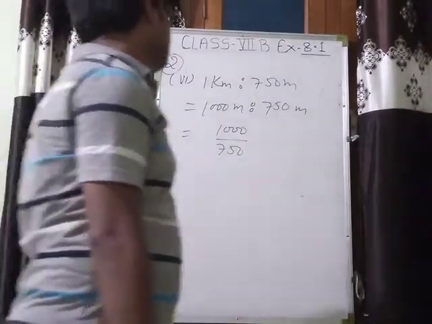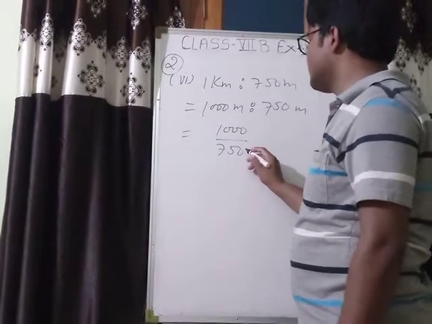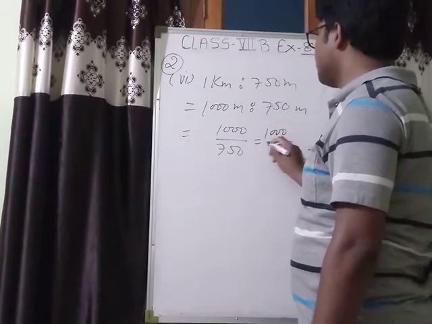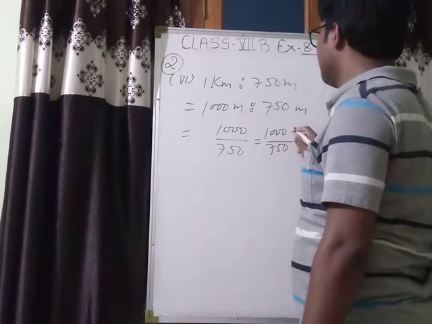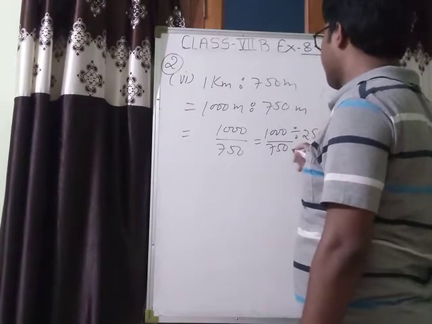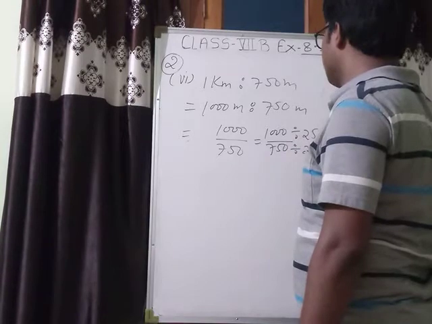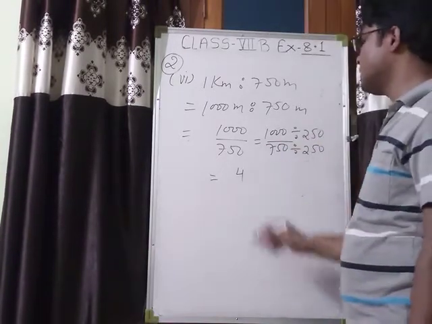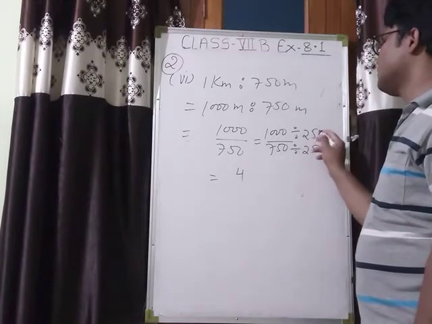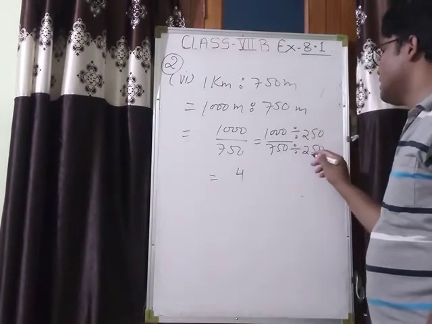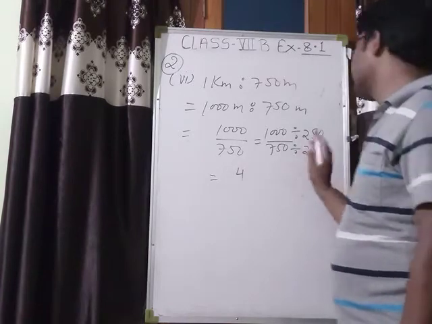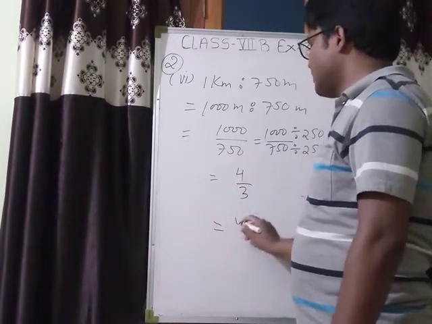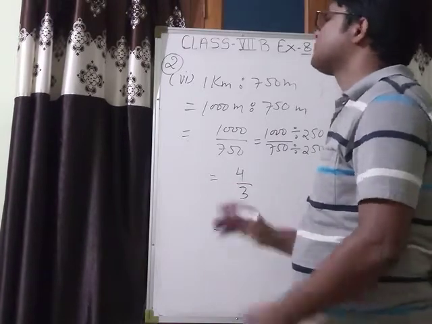Now divide both. Their HCF will be, I think, 250. So both can be divided by 250. It will be 4, since 4 into 250 is 1000, and 3, since 3 into 250 is 750. So its simplest form will be 4:3. Okay.